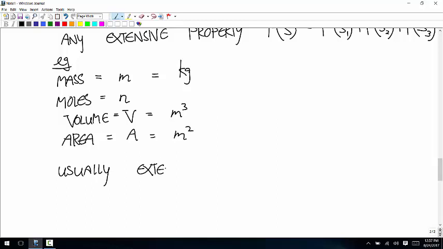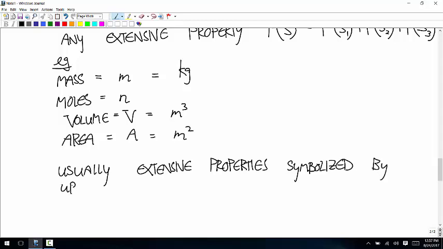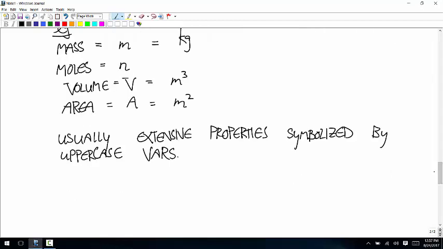Usually, extensive properties are symbolized by uppercase letters. I guess the two counterexamples are the first two I gave.